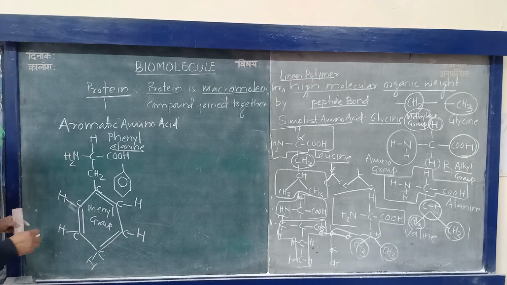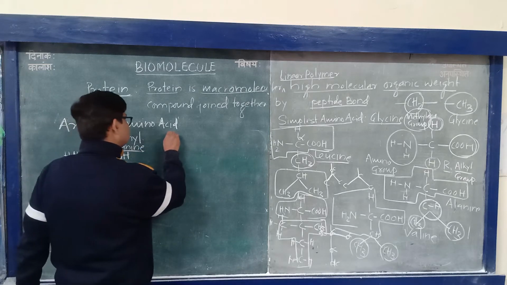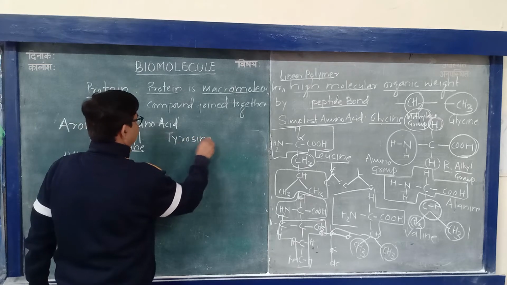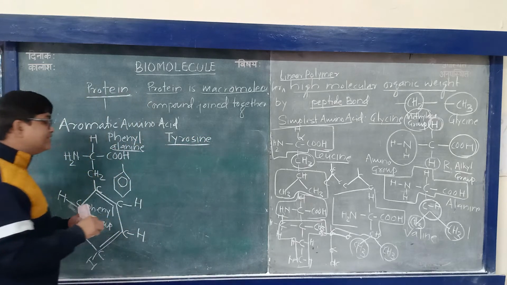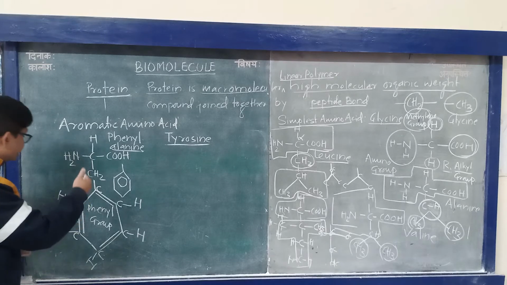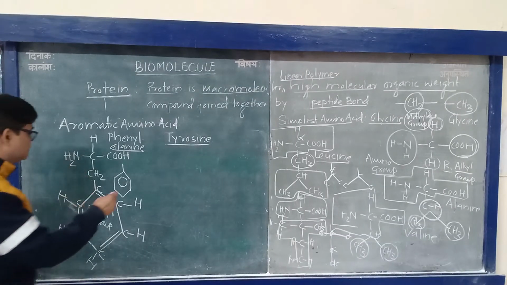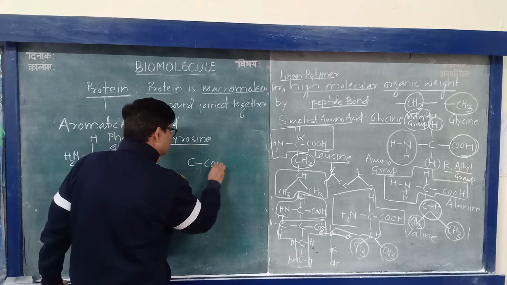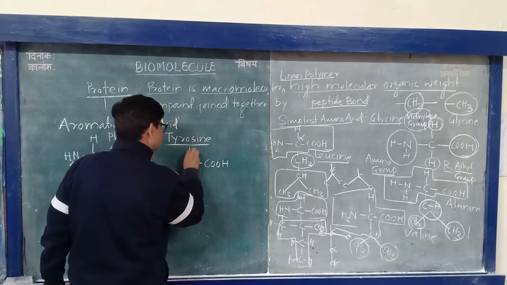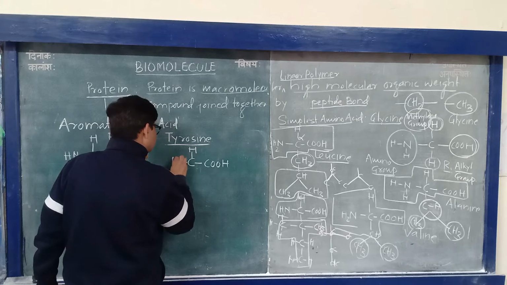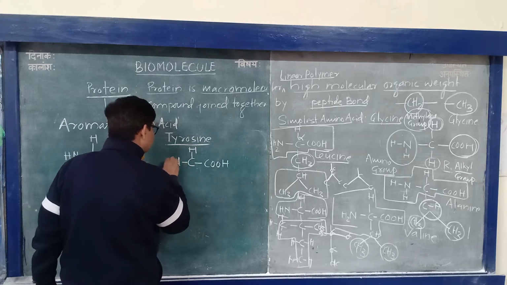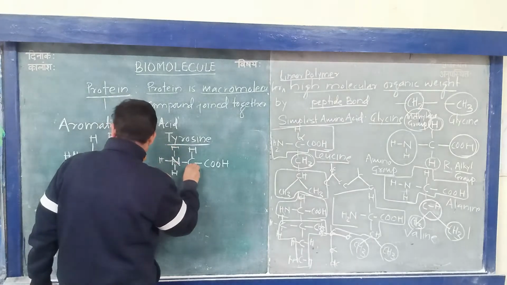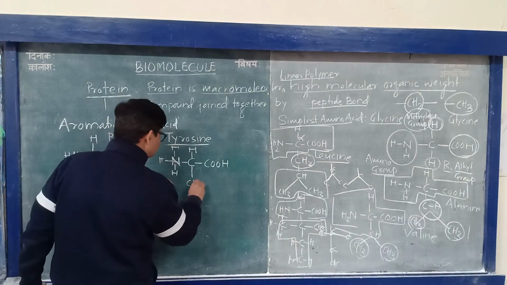And the next structure is tyrosine. What is the difference between phenylalanine and tyrosine? Simply keep in mind, you have to repeat that structure. That is nitrogen and then hydrogen, hydrogen, and you will find CH2.